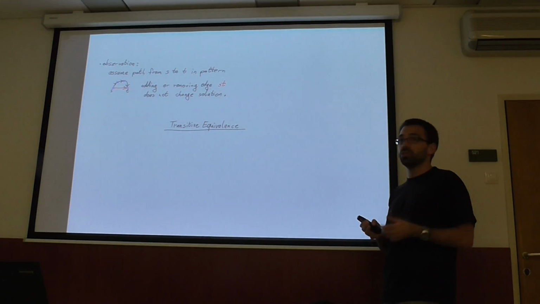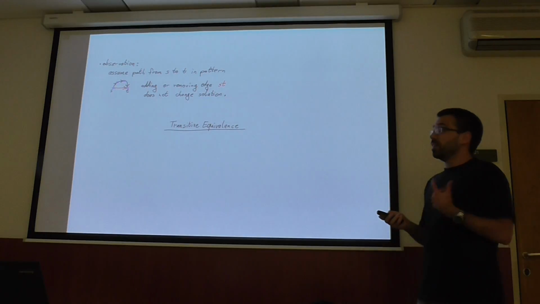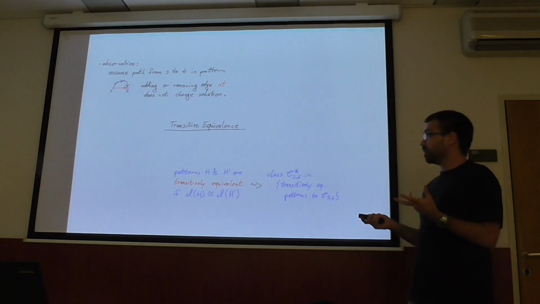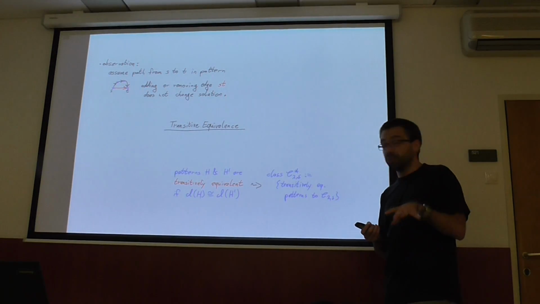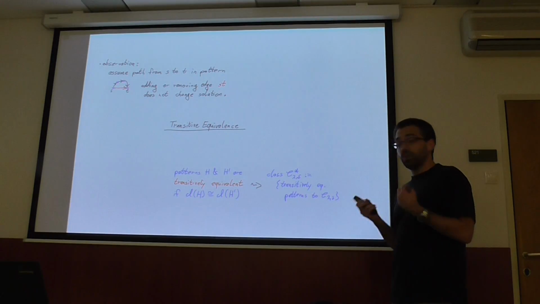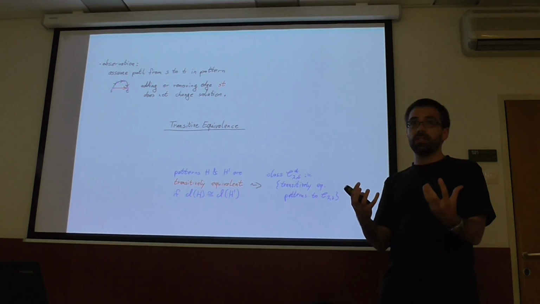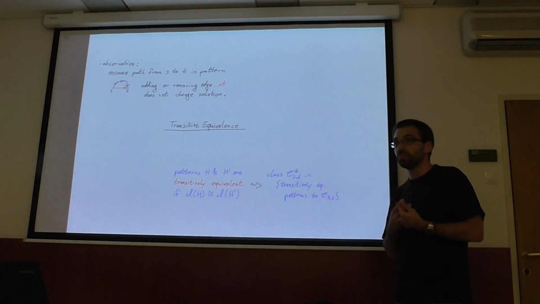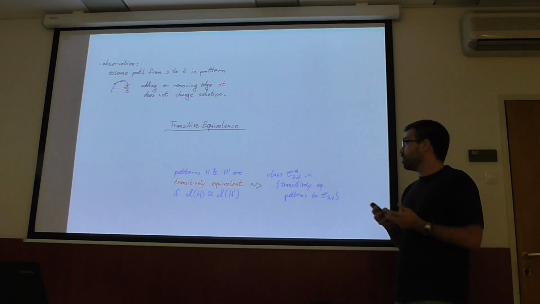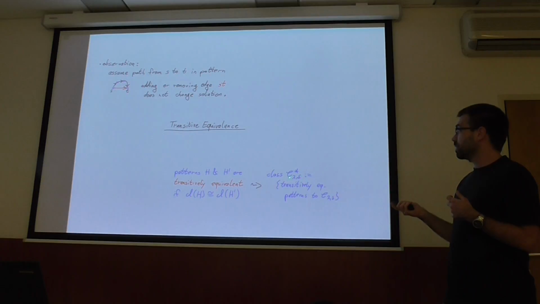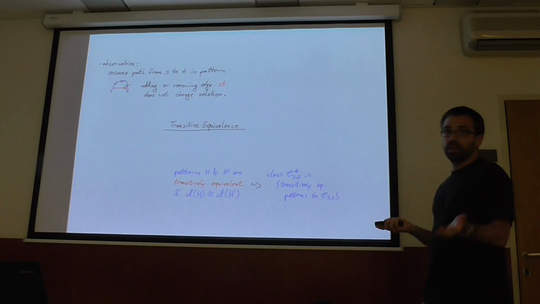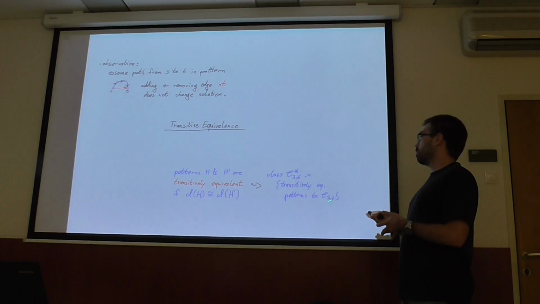All the solutions are going to be the same. And therefore I define two patterns H and H prime to be transitively equivalent if the transitive closures of those two patterns are isomorphic. And then the class C star lambda delta just contains all the patterns that are transitively equivalent to almost caterpillars.